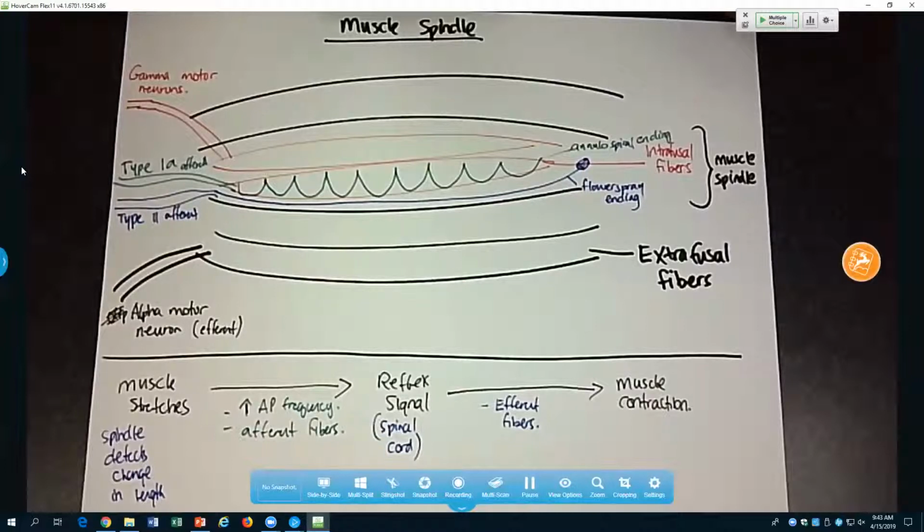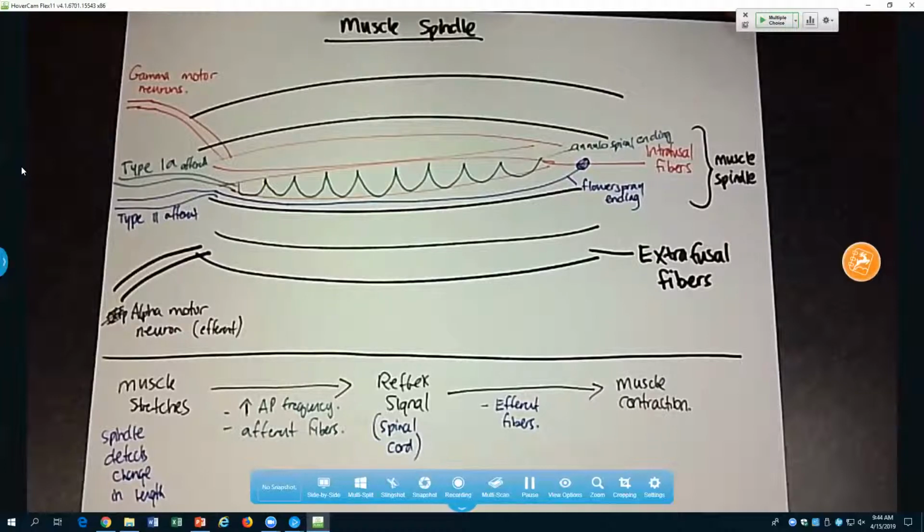It's going to increase the action potential frequency, which immediately sends a signal to the central nervous system, which sends a reflex signal back out to this very same muscle group to cause that muscle to contract. This is a protective measure to protect against overstretching or overexertion of that muscle. When there's any change in length, immediately the muscle wants to contract.